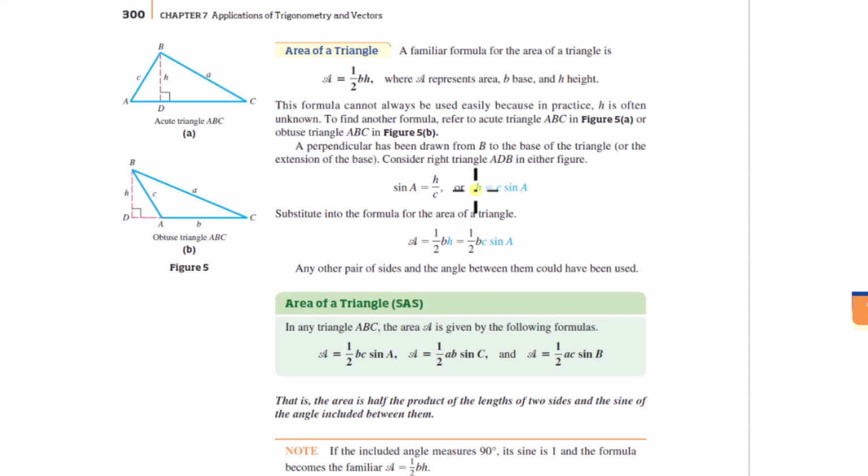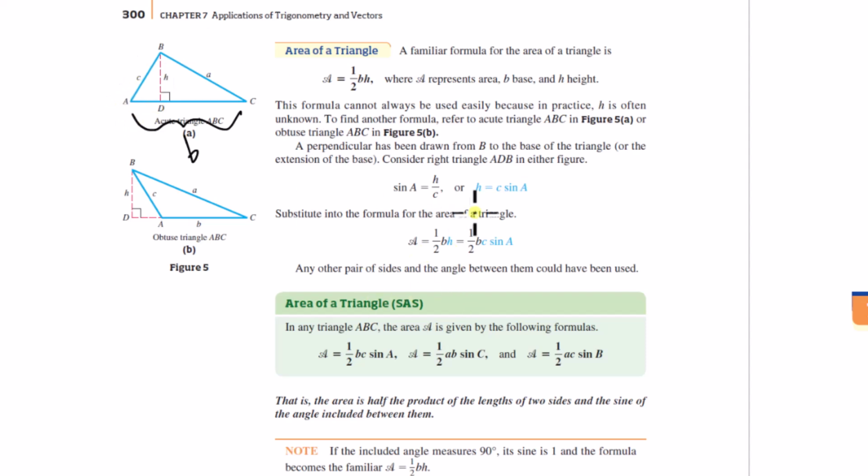So H is equal to C sine A. And then they just substitute this H into the area is equal to 1/2 base times height formula, and they get the area is equal to 1/2 B times C times sine of A.